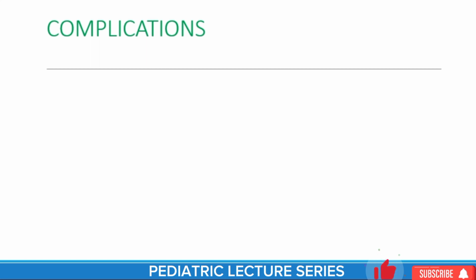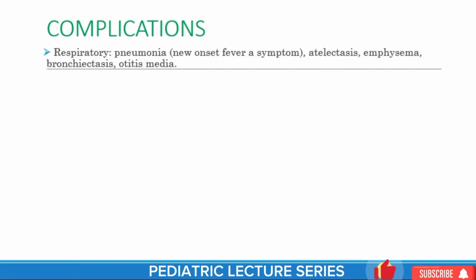The complications: one, you have respiratory complications such as pneumonia. That's the onset of fever symptoms. Fever is mostly not a presentation of pertussis, but when fever sets in, they're suspecting pneumonia. And then you also have emphysema, bronchiectasis, and otitis media.